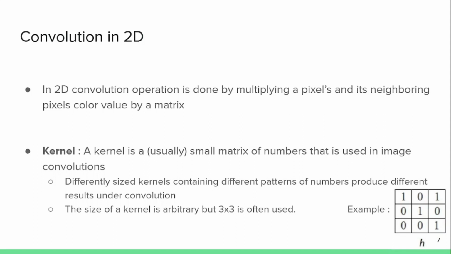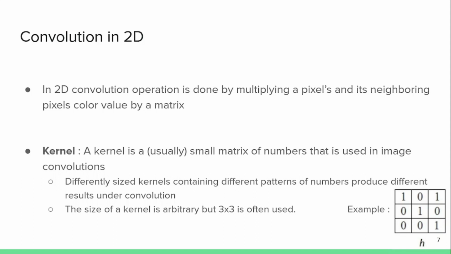In the digital domain, convolution is performed by multiplying and accumulating the instantaneous values of the overlapping samples corresponding to two signals. To be more precise, in 2D convolution, the operation is done by multiplying a pixel and its neighboring pixel color values by a matrix. Here the matrix is nothing but a kernel.